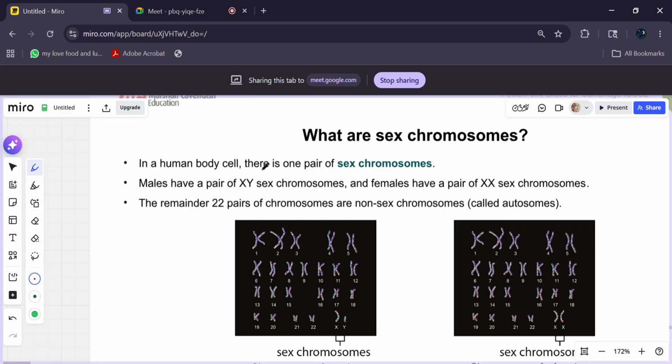Remember when we said the sperm and the egg are haploid cells, so each of them will only contain one single sex chromosome. So random fertilization will enable a couple to have equal chances of producing a boy or a girl.